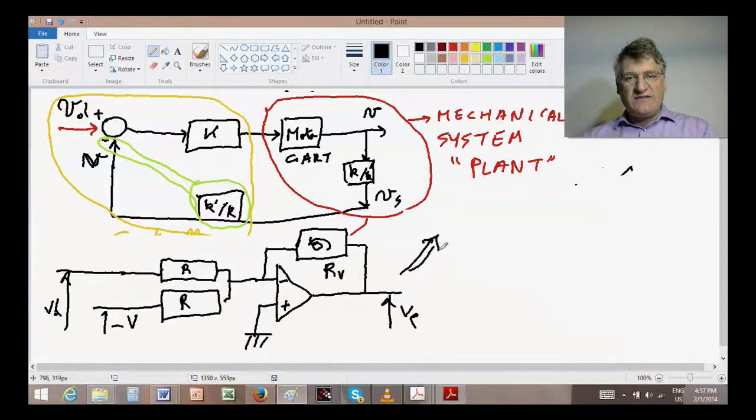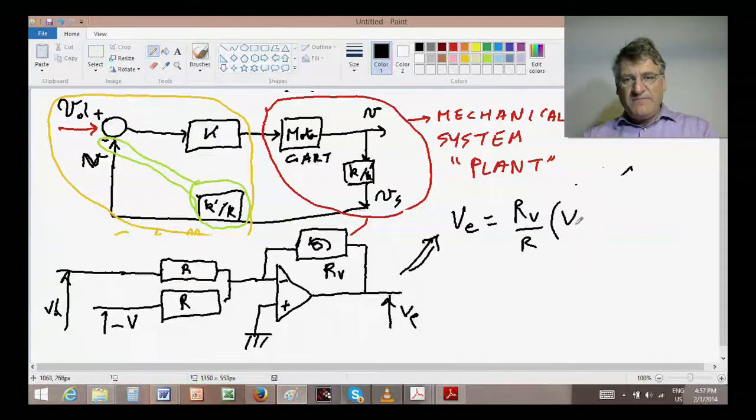Now, if we do that, then we know that VE is going to be equal to RV over R times V desired minus V. And again, V desired is in cursive, my mistake.